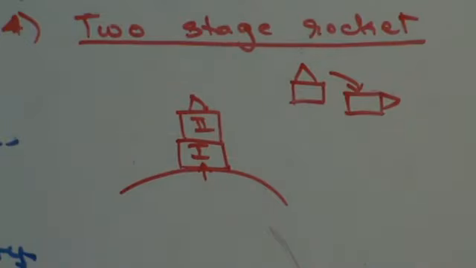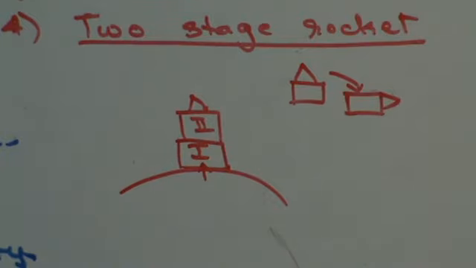That is the reason why you need a multi-stage rocket to launch a satellite. The first stage will push the rocket beyond the gravitational field of the earth. The second stage will provide it with the necessary velocity so that it revolves around the earth. Fine, do we get this thing here?